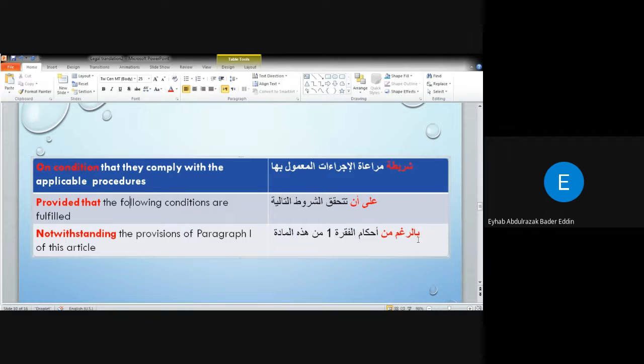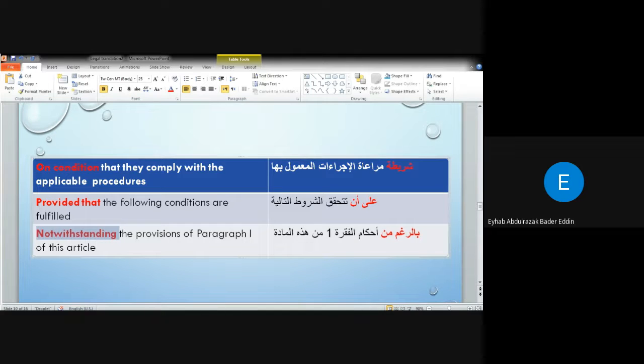But for the first time in legal translation or in legal texts, we don't use although, we don't use in spite of, we don't use despite, we use notwithstanding. Clear?